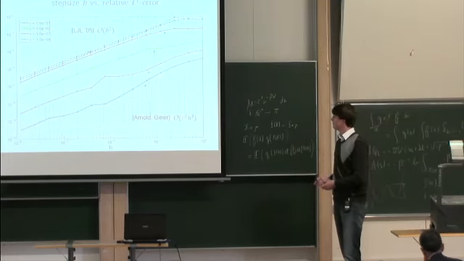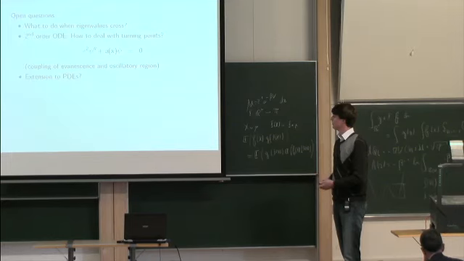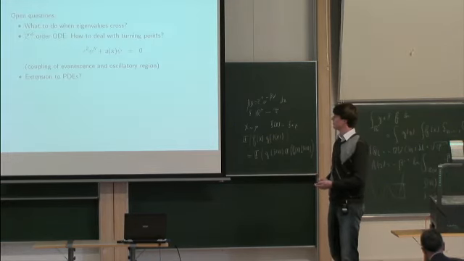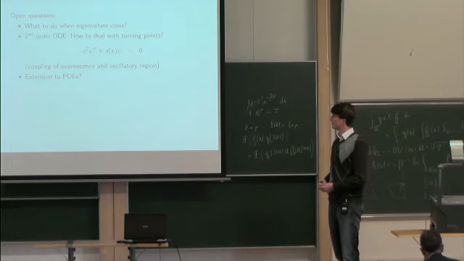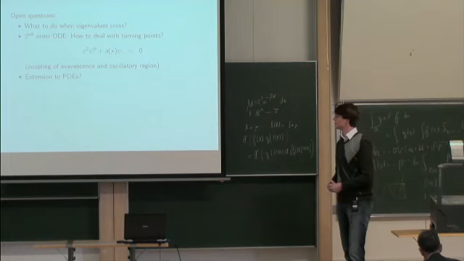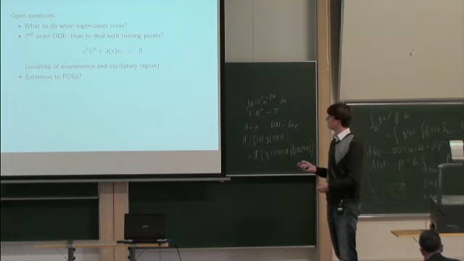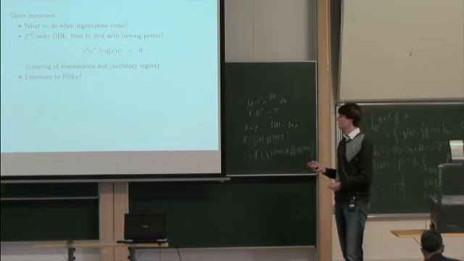Finally, I want to end my talk with some questions, of course. The first thing is what to do when the eigenvalues cross, because this was one of the essential assumptions at the very beginning. The second thing is we are concerned here with the Schrödinger equation from the very beginning, and here's the big question: how can we deal with turning points?